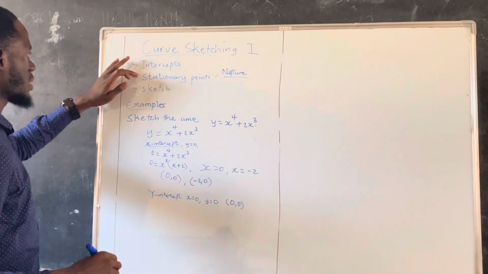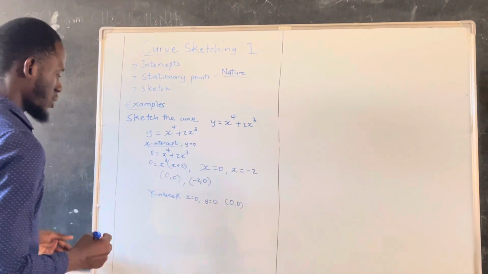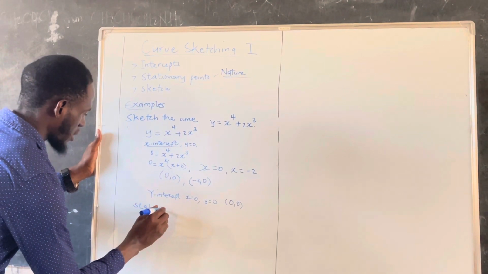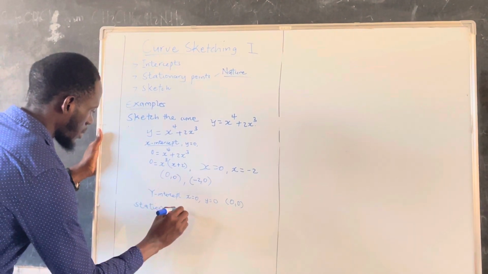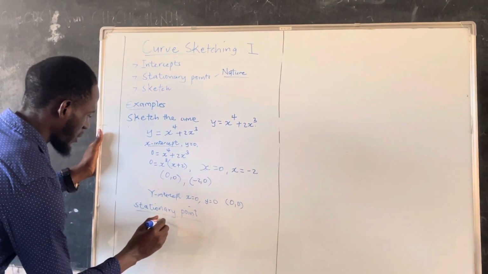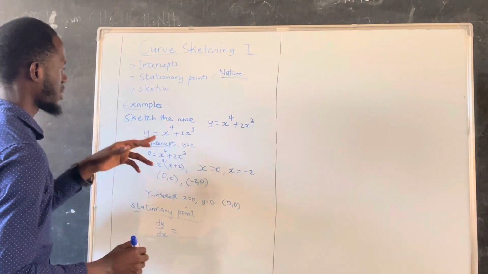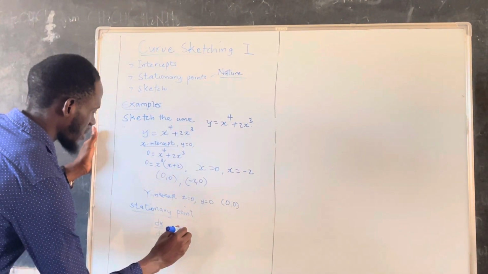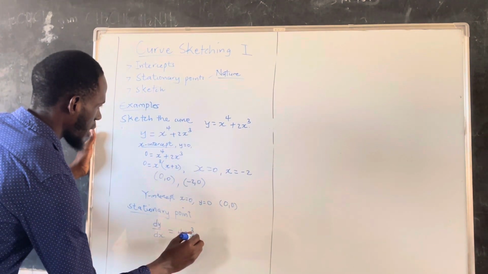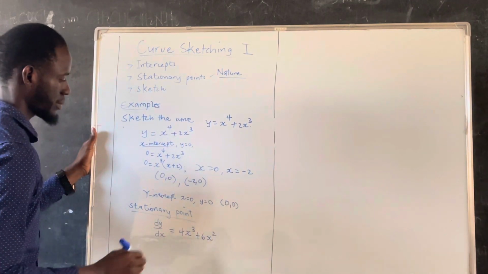Then we are going to establish the stationary point. Is it a turning point or point of inflection? So we state the stationary point. For the stationary point, we differentiate with respect to x. When we differentiate our function, it will give us 4x cubed plus 6x squared.